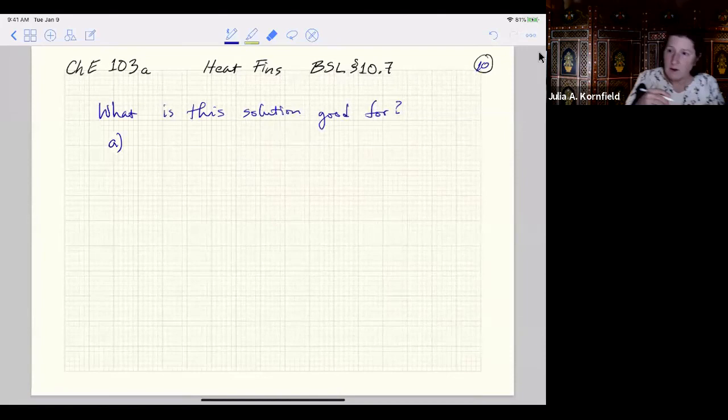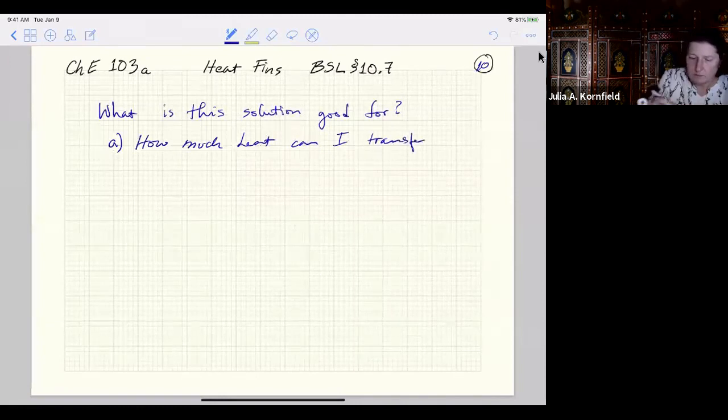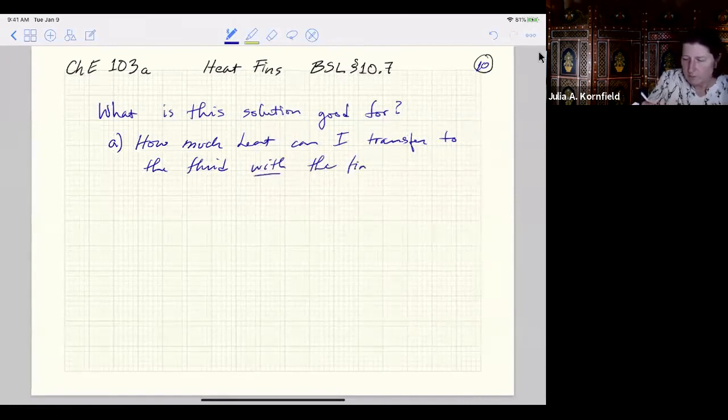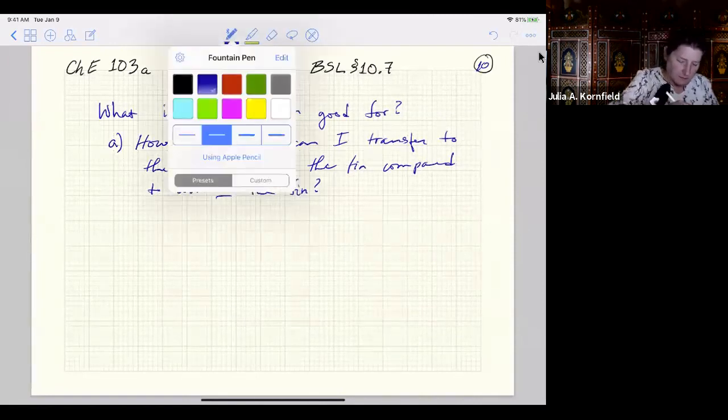So one thing is, what is the effectiveness of the fin. That is called the fin effectiveness.